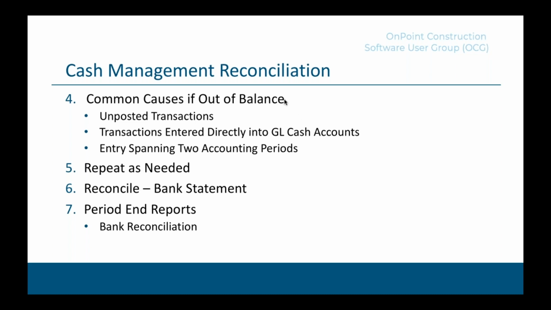So we don't want anything hitting cash unless it came from cash management, like your interest and all. All of those have to go through cash management. Repeat as needed, and then you do your reconciliation from your bank statement.